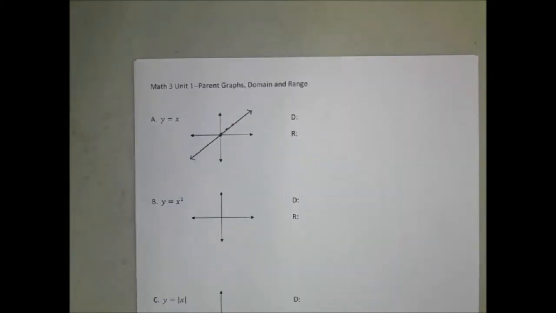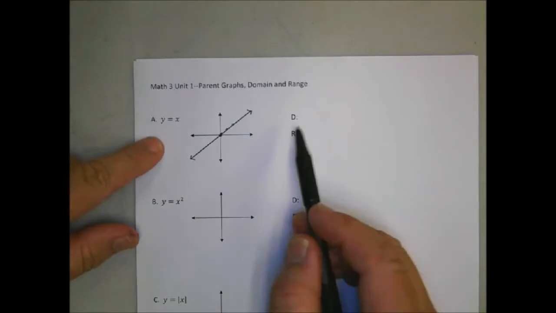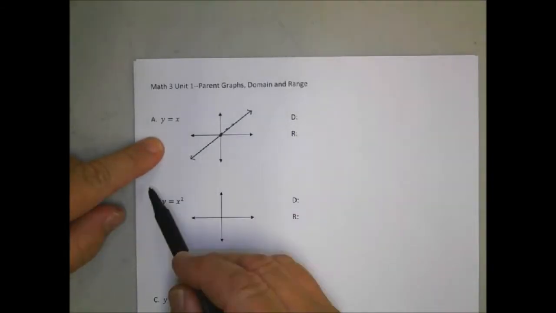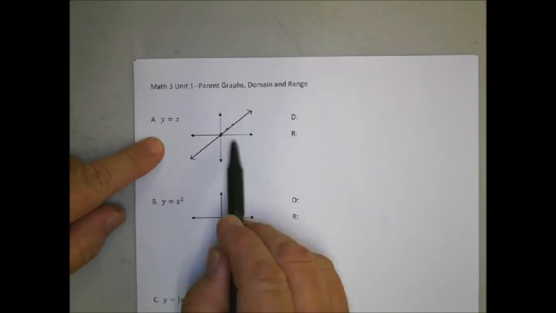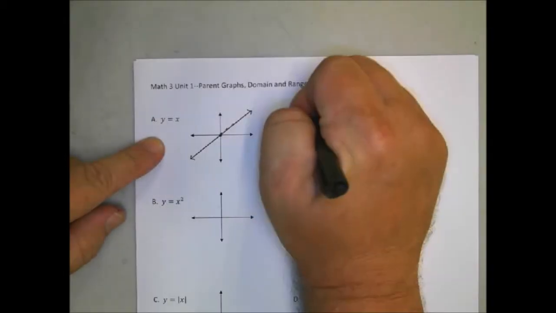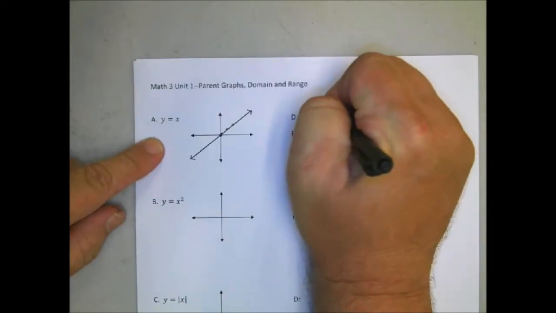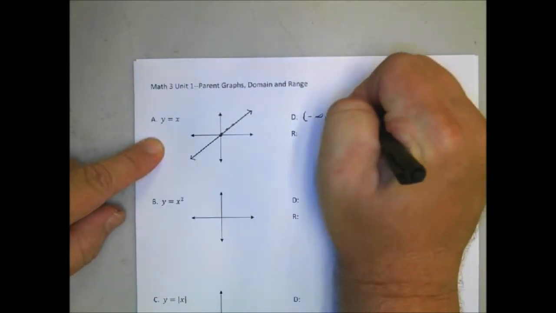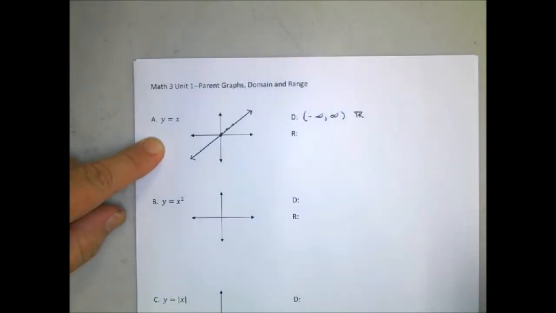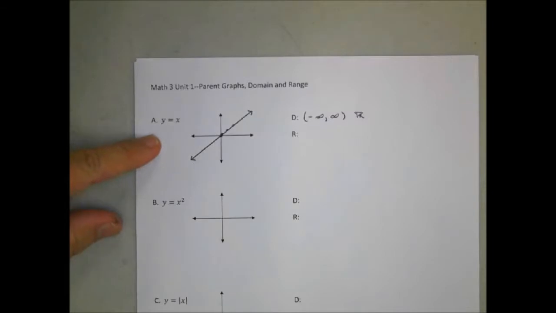Now, domain and range of this function. Domain refers to the x's, so since it goes to the left forever and to the right forever, it would just simply be -infinity to +infinity, or another way of saying it would be all real numbers. Now the exact same thing happens with the range, which is the y values.